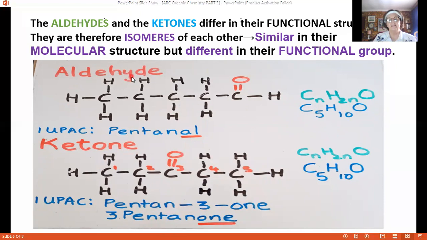With the aldehydes, the functional group is always at the terminal side of the carbon chain, terminal being the end, and with the ketones, the double bond oxygen must be between 2 carbon atoms. So you'll never get a ketone where there are not 3 or more carbon atoms.